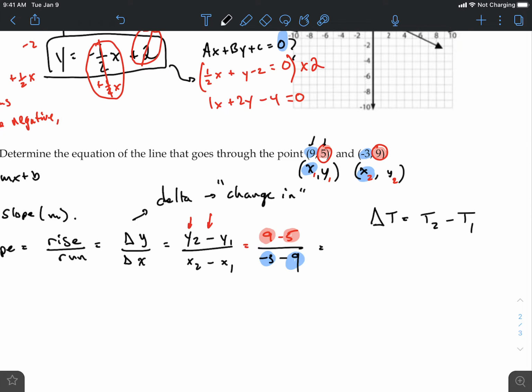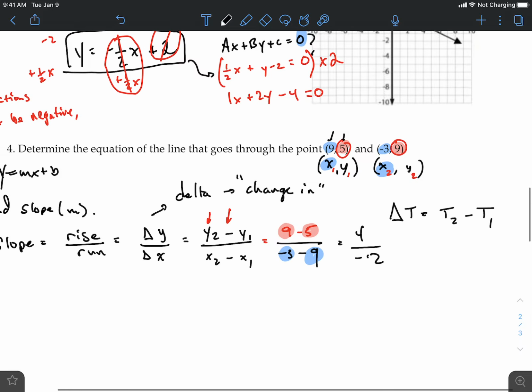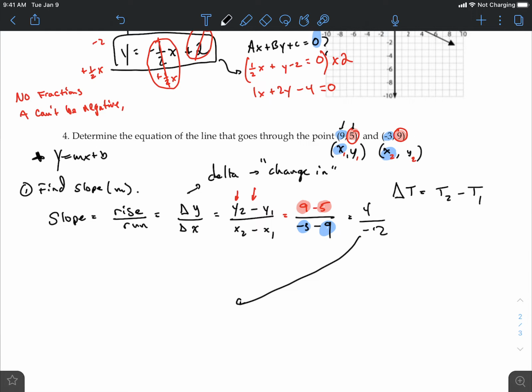9 take away 5 is? 4. And -3 take away 9. -12. Can I reduce that fraction? Yes, Opal? They're both divisible by 4.